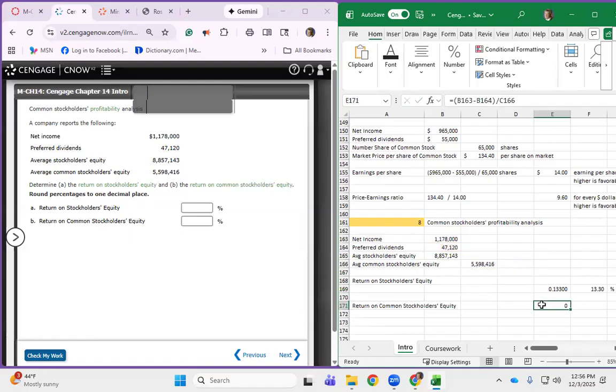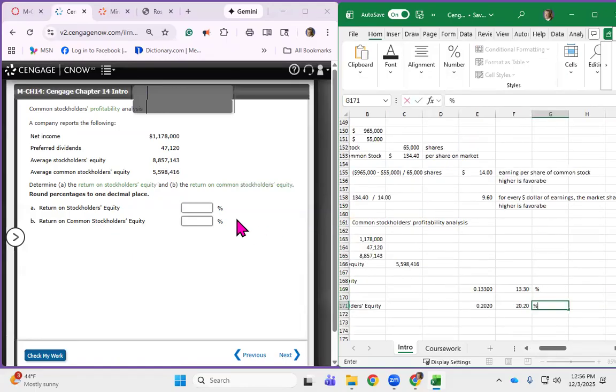That is a 0 there, so we're going to increase the decimals to see what it turns out to be. Then we take this times 100 to find out its percentage. I'm going to increase the decimals again and put the percentage sign next to it to show that it's a percentage. All right, 13.30 and 20.20. See how we did.